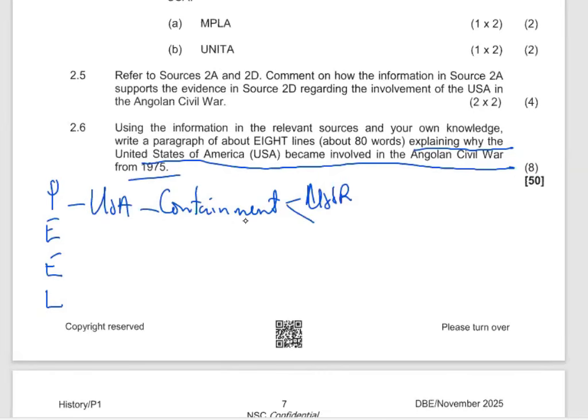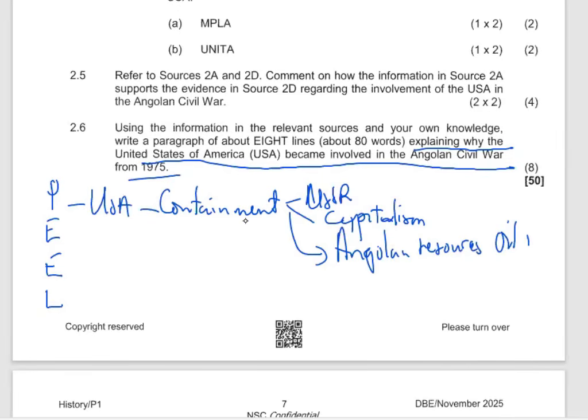Or you can say the USA also wanted to spread capitalism in independent Africa. That might be their reason. And also you can say the USA was targeting Angolan resources, which was mainly oil, and you can also talk of mineral resources. Those are some of the reasons that you can highlight on the US.